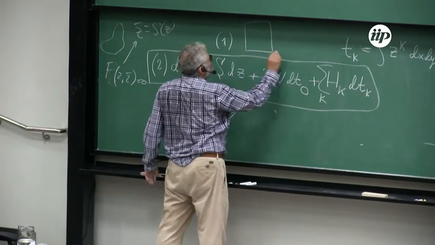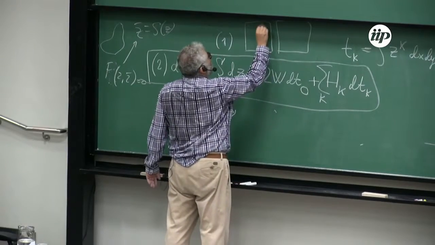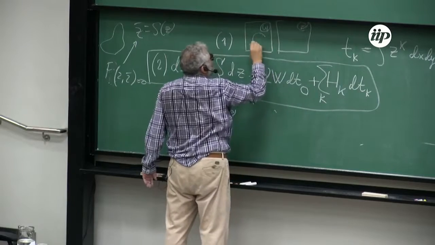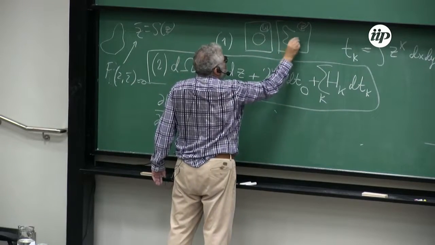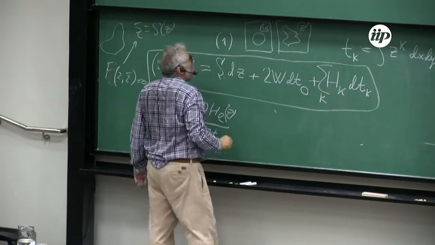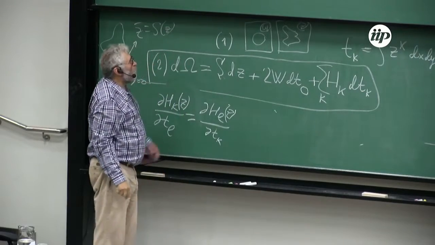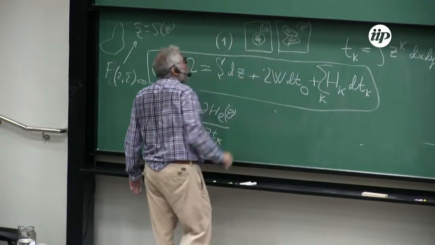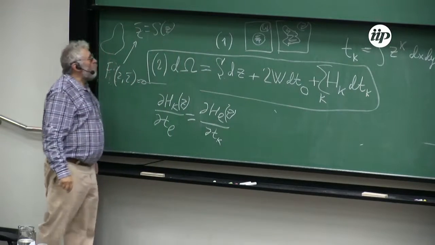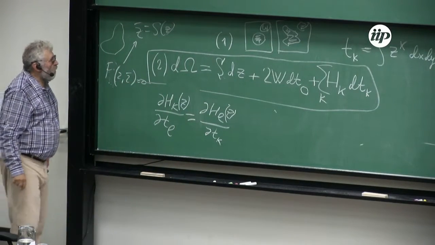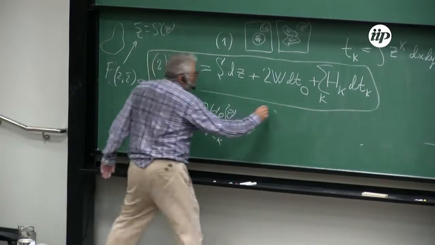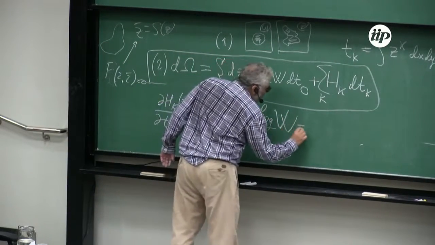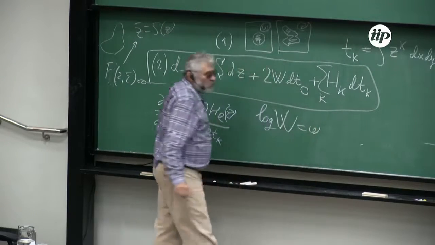I should introduce a helpful auxiliary complex plane, which conformally maps the unit circle to my domain. If I do that, and by the way, logarithm of W capital is exactly W small.